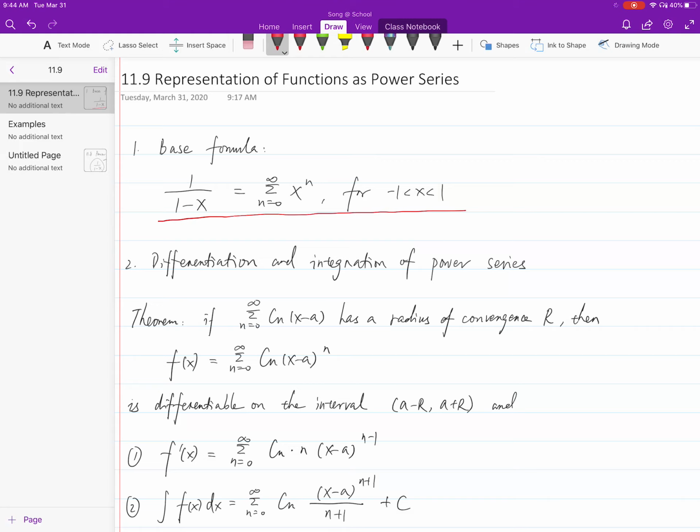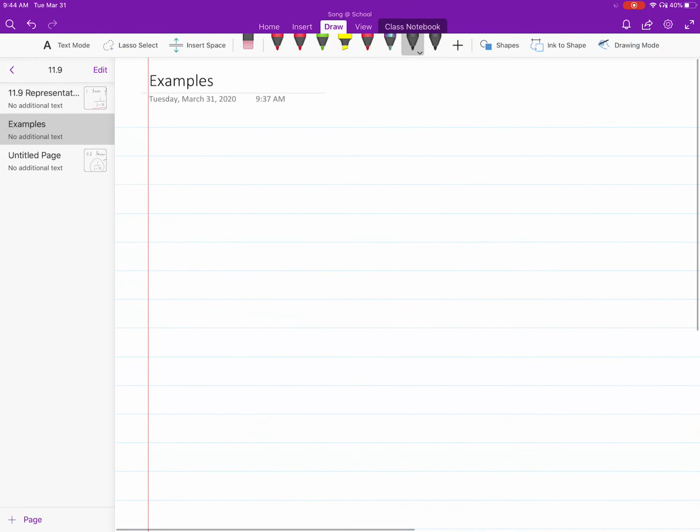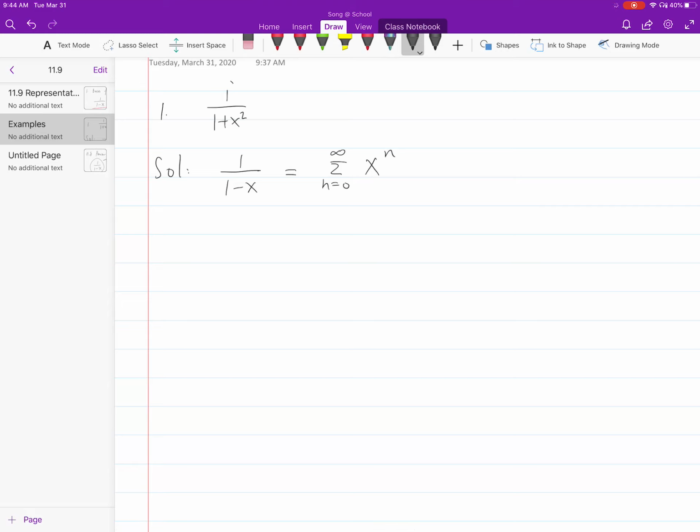Now let's try some examples. The first one is going to be this. Let's think about it. You do know how to do this. That's the formula we know. Now what about this? Take a look at them. Do you realize they are actually pretty similar?